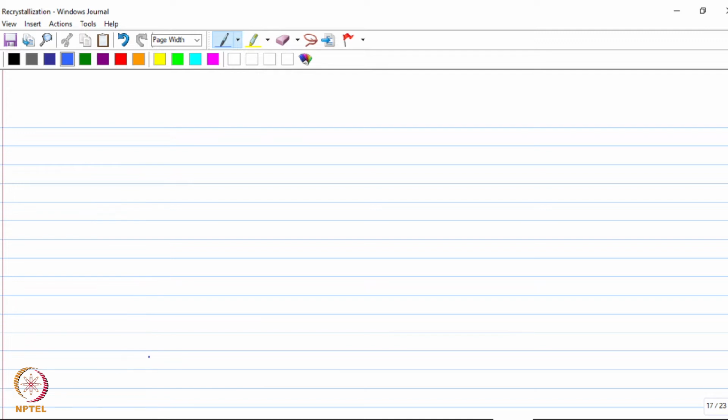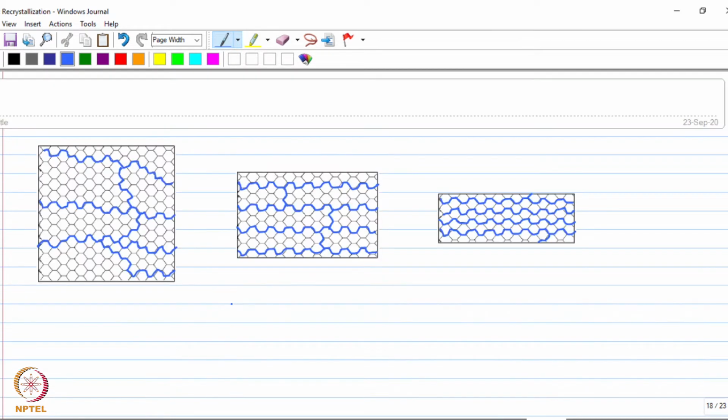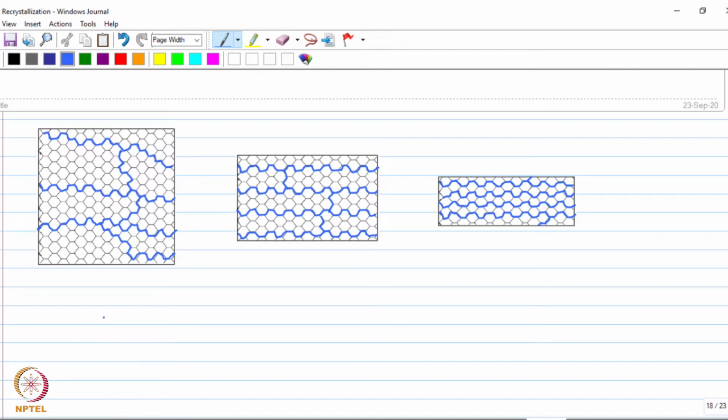So the process of how the grains change their shape and how they will encounter the serrations formed at the grain boundaries, you can see from this particular diagram over here. Here, in the beginning, is the formation of the serrations by the DRV process. And these are shown by a different color.